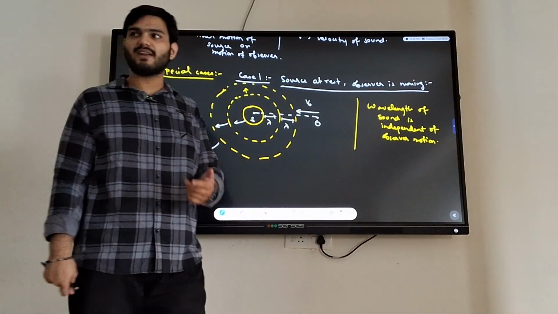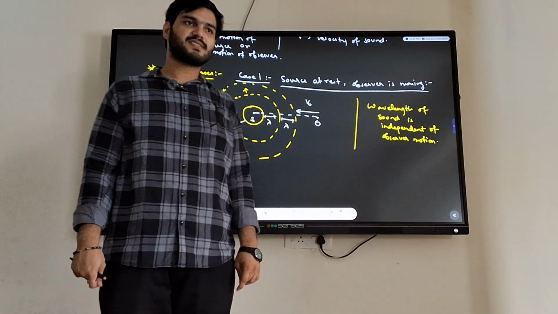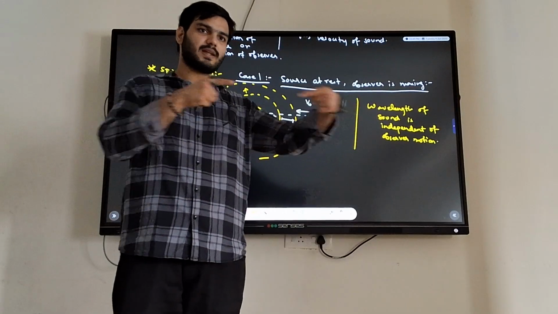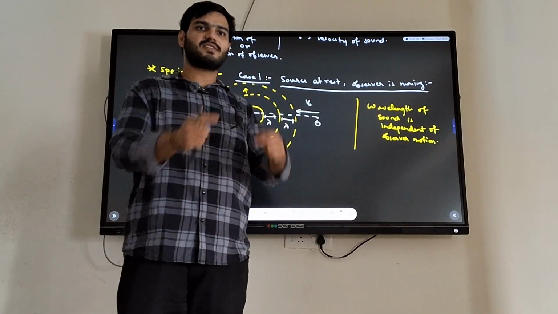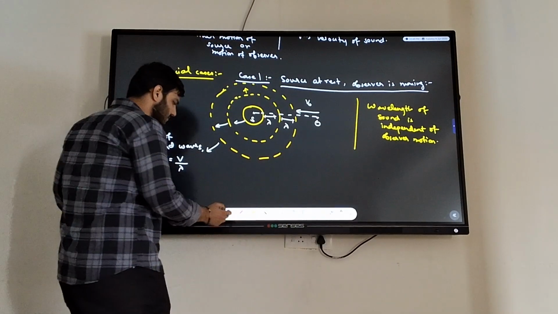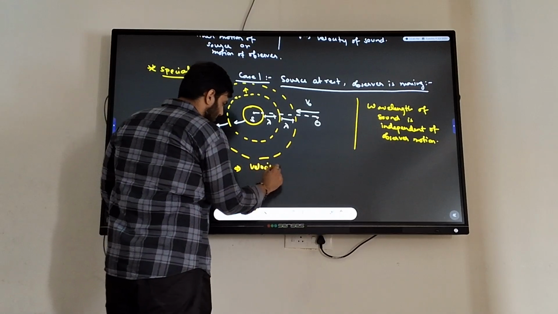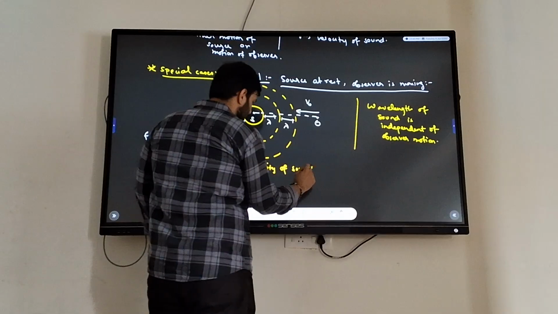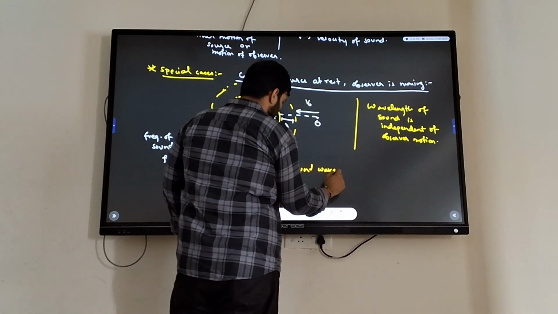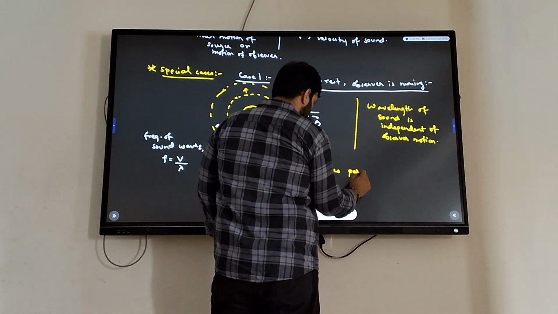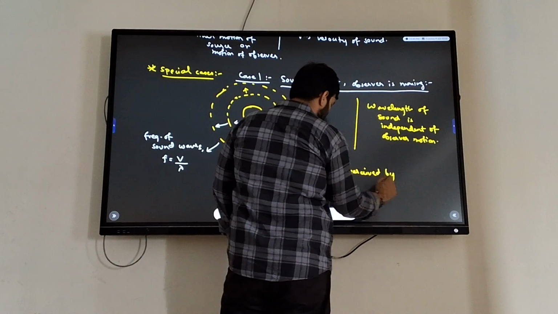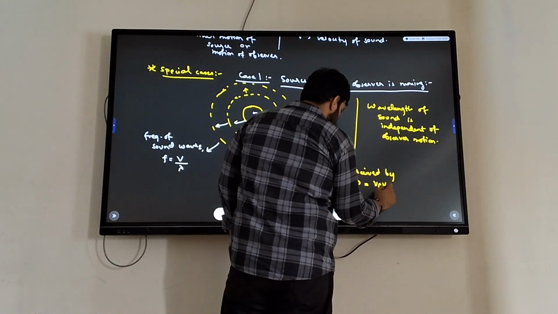V plus V naught or V minus V naught? V plus, no? If your two trains are moving in opposite directions, then your velocities add, है ना? So velocity of sound waves perceived by O is equal to V plus V naught.